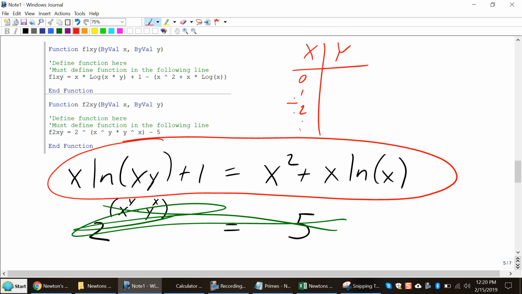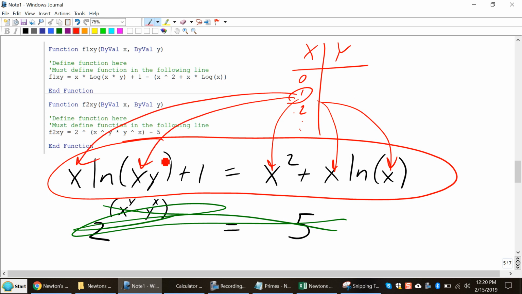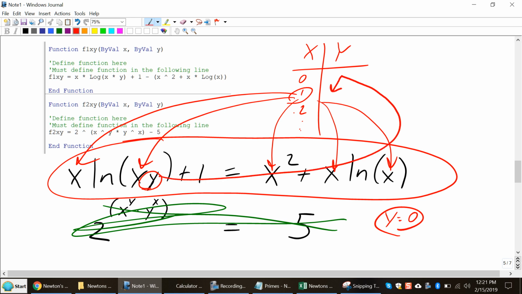At 0.1, I plug in 0.1 here, here, here, here, and here. Then I solve for where y is equal to 0, and wherever y is equal to 0 is what I plug in here. That's how you actually graph it.